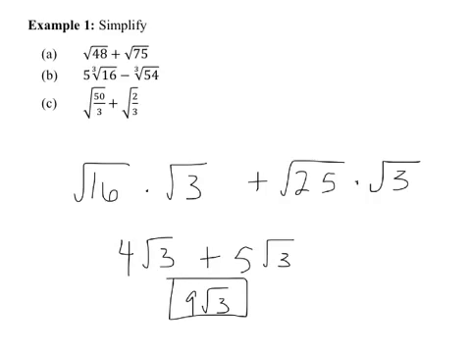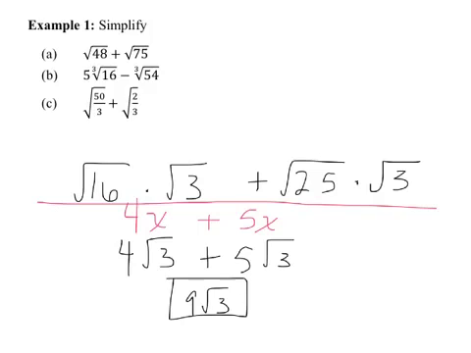Wouldn't this be 4x plus 5x? And 4x plus 5x would be 9x. So think of the root 3 as an x, as a variable term. Think of the numbers in front as the coefficient. If you need to write that down at the top, write it like this. Think of this as 4x plus 5x.